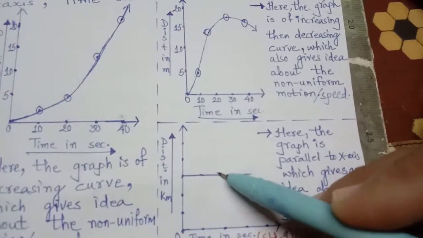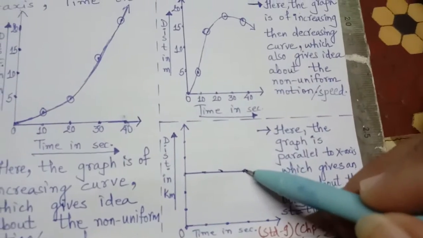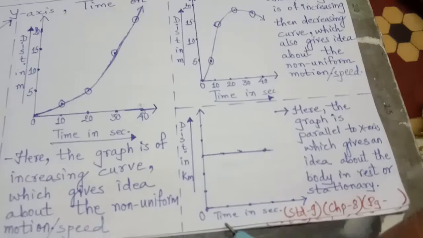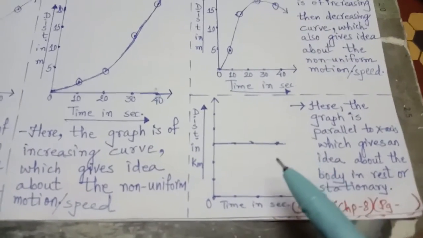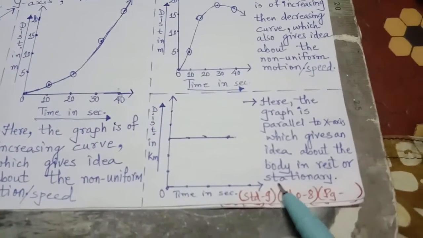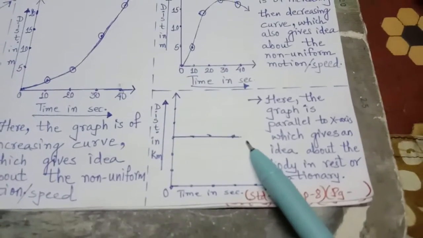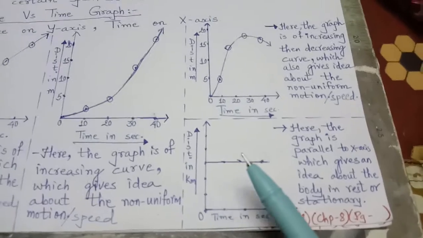Can we get an idea that it is in motion, or it is at the same position? It is not in motion, though the time is increasing. It remains here. So we can say that the graph is parallel to the x-axis, which gives an idea that the body is at rest or stationary.